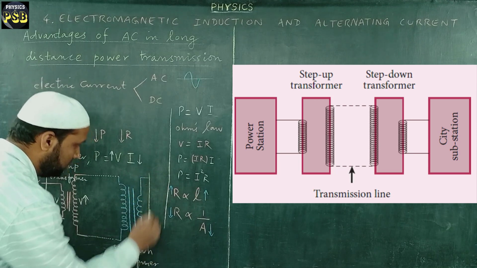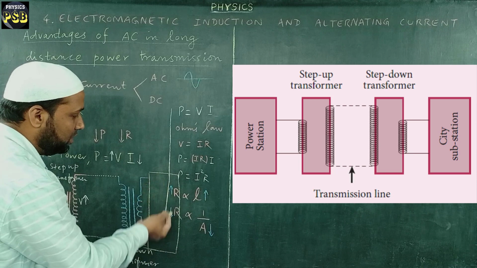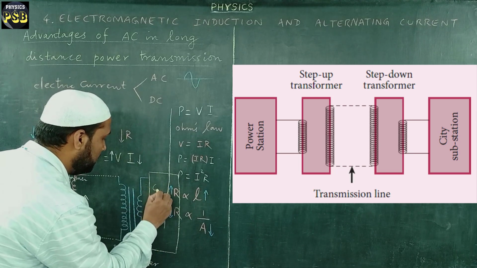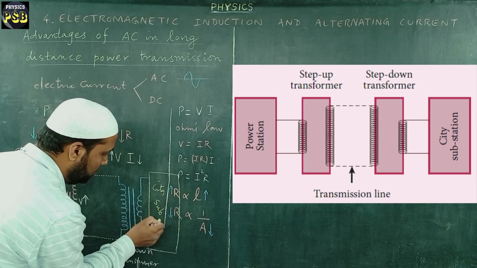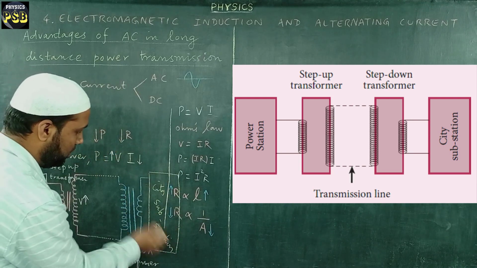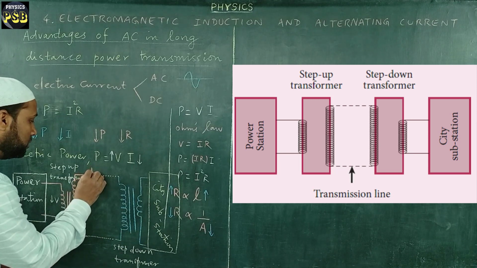Then the next step is the substation, located at a city or a town. This is how power is transmitted from the power station to the substation via transmission lines. Here the dotted lines represent transmission lines.